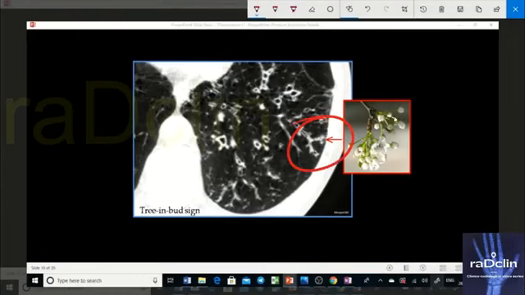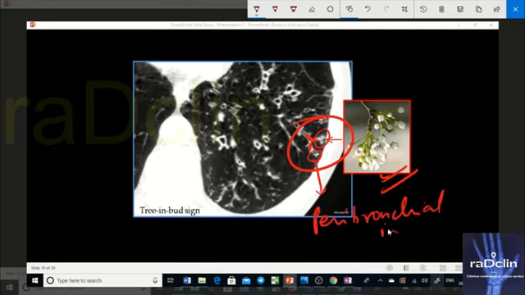This image shows why it is compared with a tree in bud. You can clearly see this is bronchiolitis, which is opacified bronchioles at the center of the lobule, and these nodules are peribronchial inflammation. We see it here also.